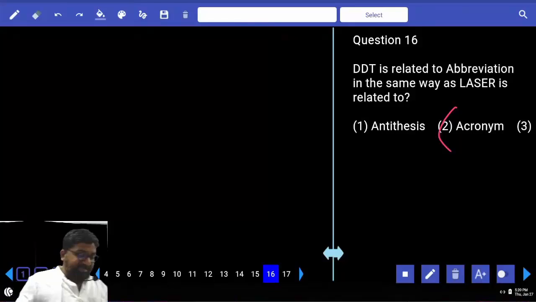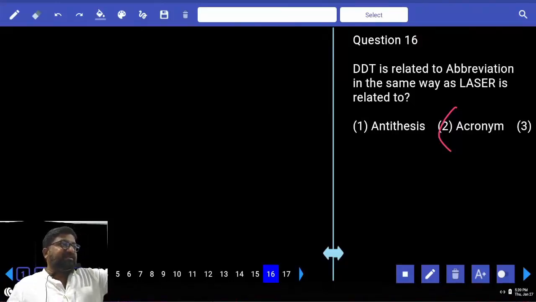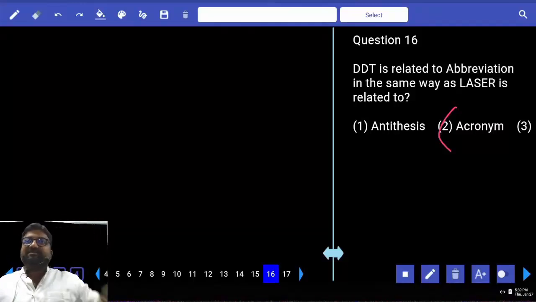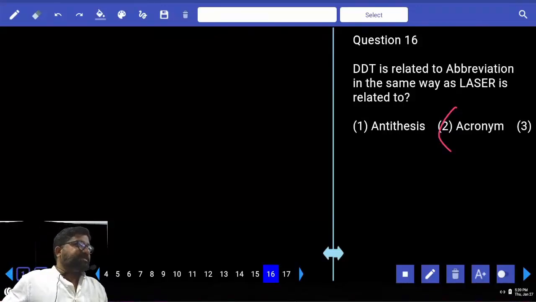Light amplification by stimulated emission of radiation. That is laser. Acronym, first letters L A S E R. Acronym means for a sentence they will collect the first letter of every word, initial of every word. Done? Yes or no?